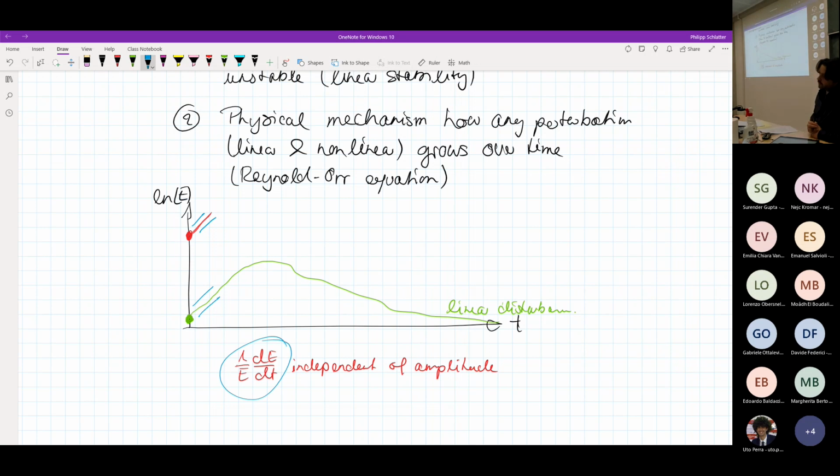That's what this means. So the initial fate of any disturbance is due to the Reynolds-Orr equation.